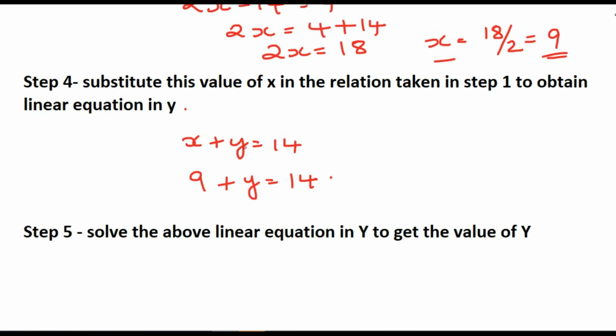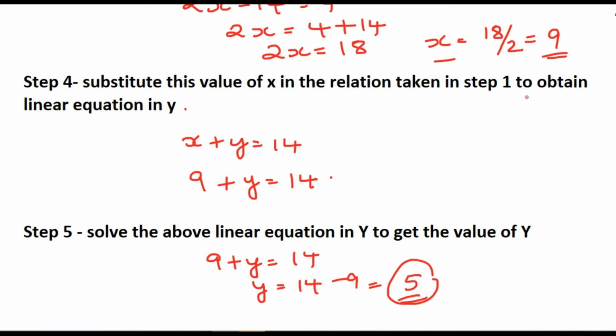Now step 5: solve the above linear equation in y to get the value of y. So y equal to 14 minus 9, which is equal to 5. So I got the value of y as well as the value of x.